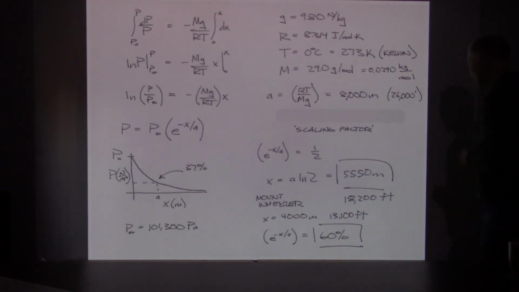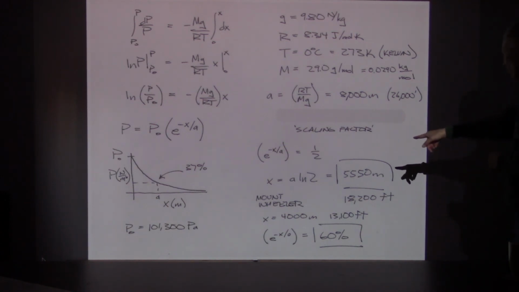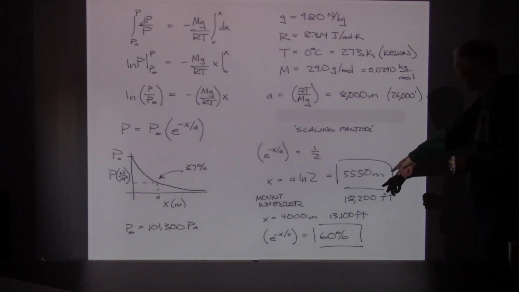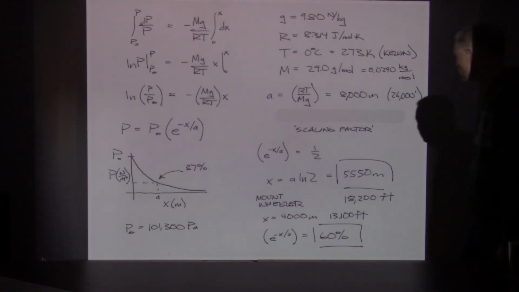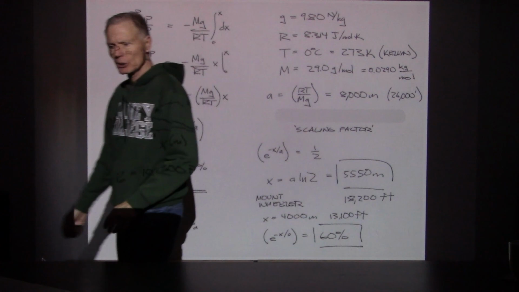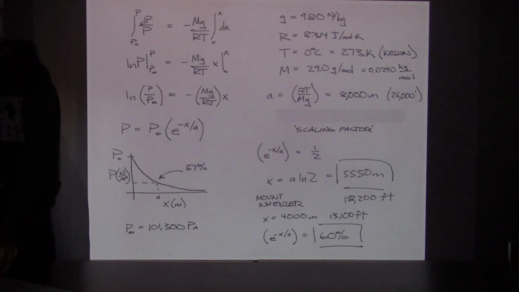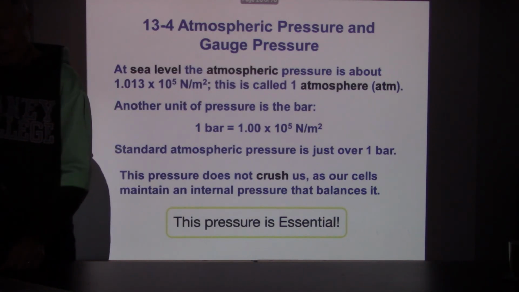Sorry. So 13,100 feet, that's about 4,000 meters. So at the top of that peak, atmospheric pressure was only 60% of what it is at the surface. Only 60%. Now, I didn't notice that so much, but that's kind of interesting. The atmospheric pressure can drop off so much as we climb.